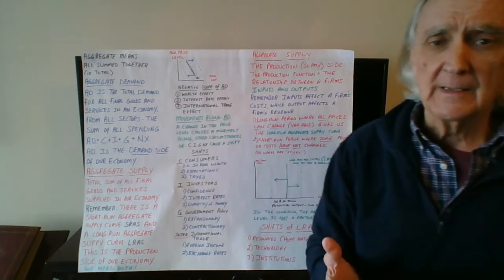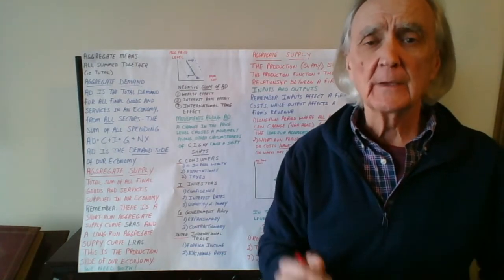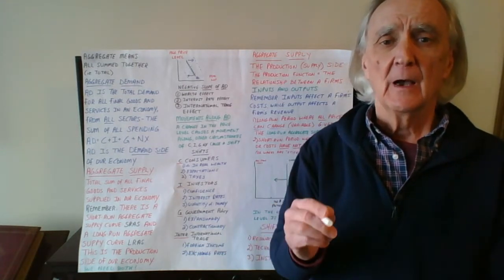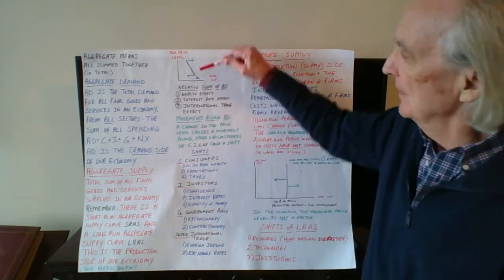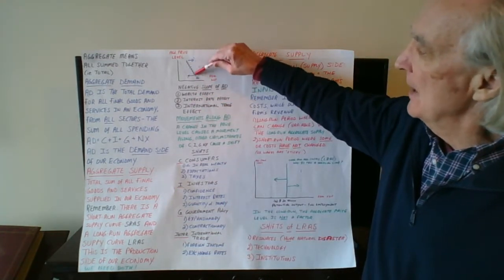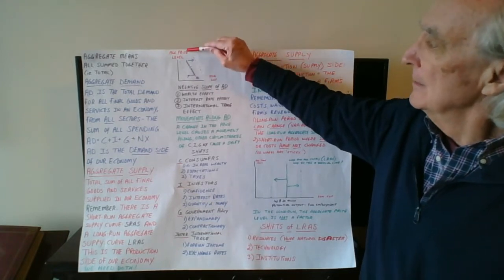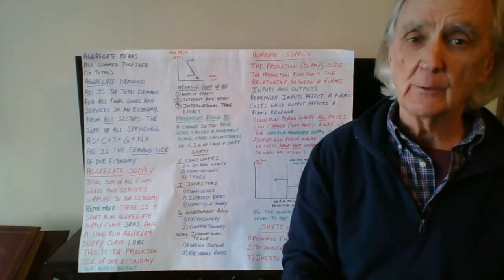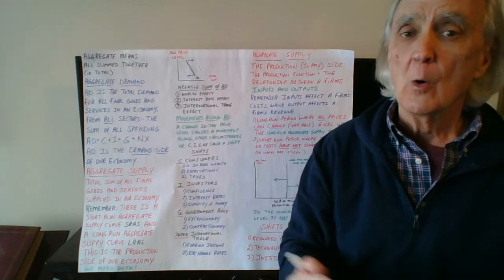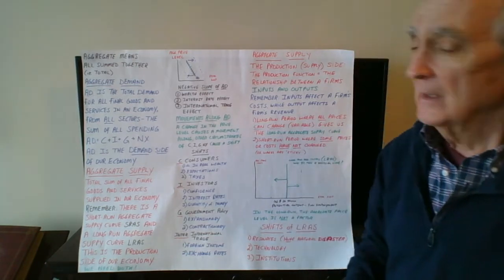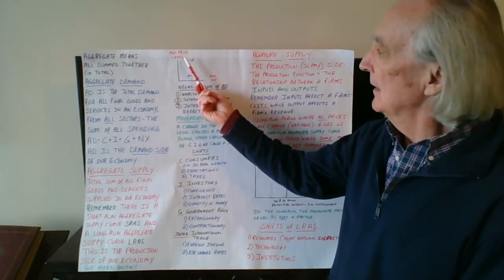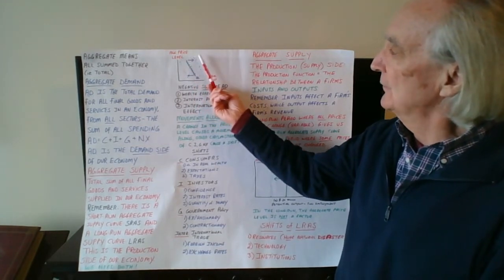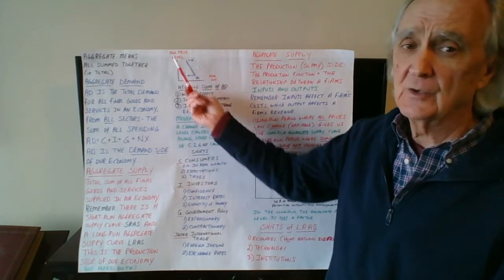Now, again, just like with the regular demand curve, we can have movements along a demand curve. In other words, we can slide up and down this aggregate demand curve because of changes in the aggregate price level, or we can have an entire shift of the curve, meaning aggregate demand can shift to the right, or aggregate demand can shift to the left.